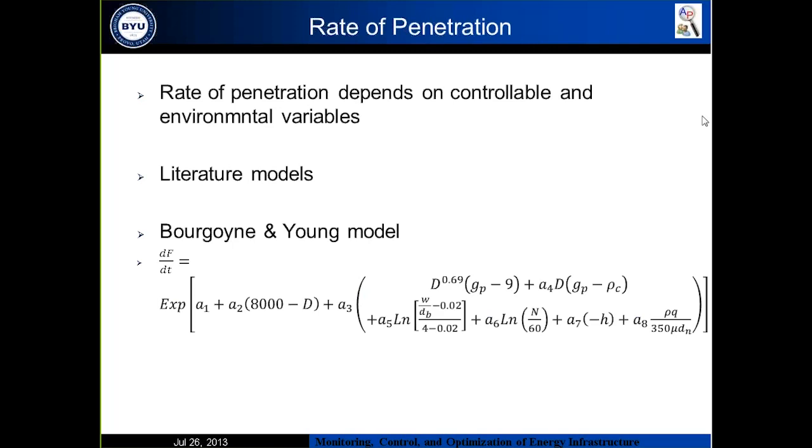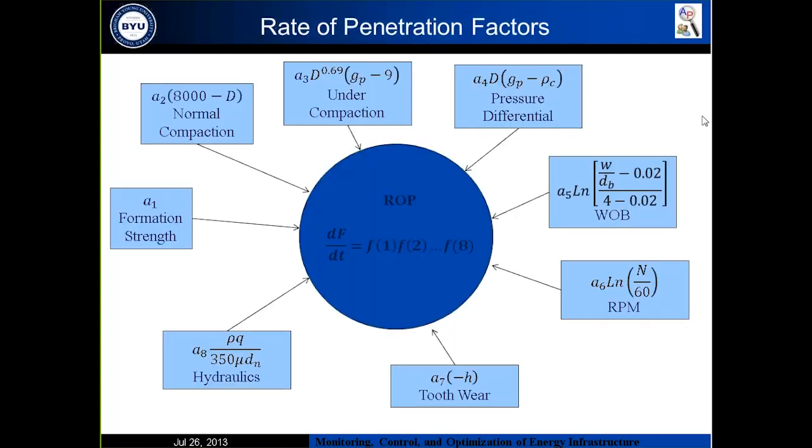It's an empirical model that depends on the variables that I will be talking about here. In this, ROP, which is rate of penetration, depends on some environmental variables. Here, environmental variables are the properties of the formation and also the controllable variables.